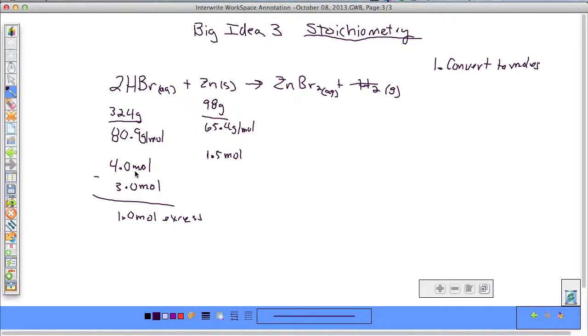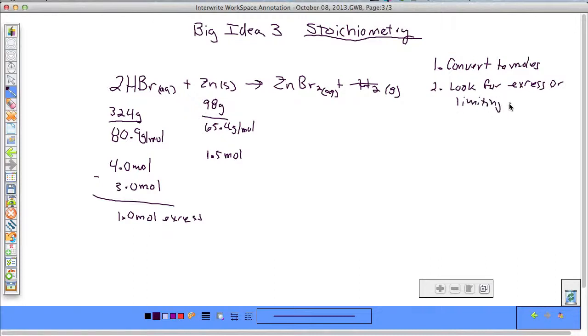So 4 isn't going to work, because as soon as I use 3 moles of this, I'm going to use up all of this. And once all of this is gone, the reaction stops, leaving a mole excess over here. Okay, so that's your second step: look for an excess or limiting situation.